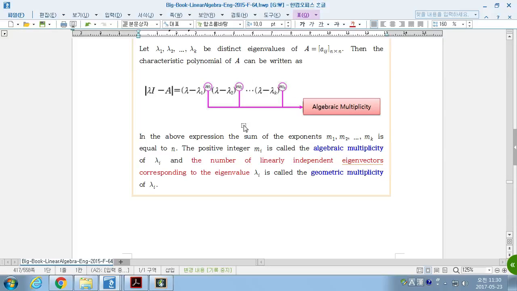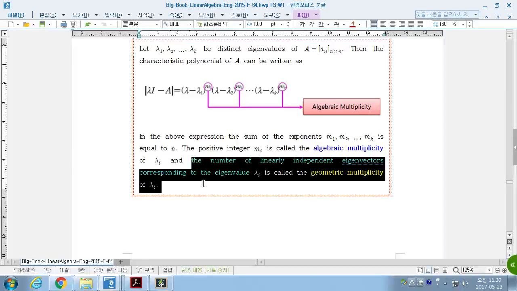Okay? New and important concept is this. The number of linearly independent eigenvectors corresponding to the eigenvalue lambda i is called the geometric multiplicity of lambda i. Geometric multiplicity.